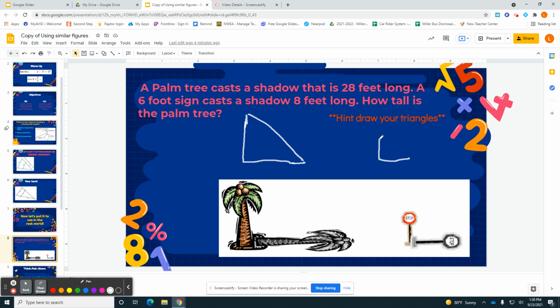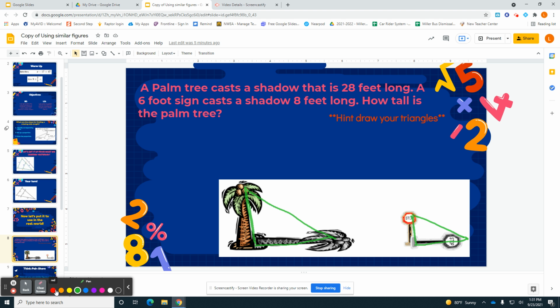Okay, so you can do them like that. I already have those two shapes in my drawing. I'm just gonna kind of show you how they make a triangle. You see, they make a triangle. So now we know that these are similar, or we're gonna see if they're similar.